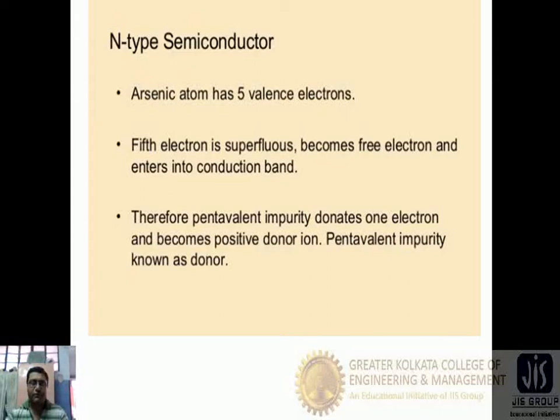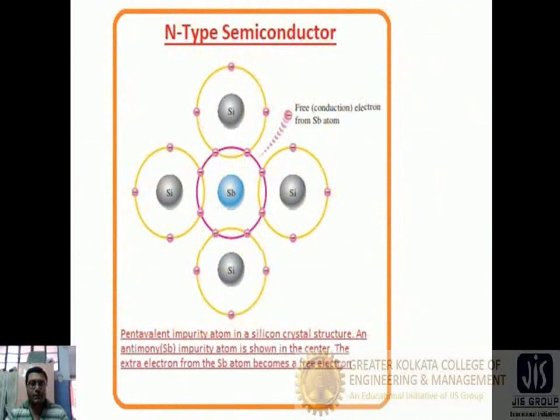The 4 of them are associated with the silicons, but 1 electron is non-attached and it moves to the conduction band and becomes a free electron. Therefore, the pentavalent impurity donates 1 electron and becomes a positive donor ion. Pentavalent impurity is known as the donor. So here is the example.